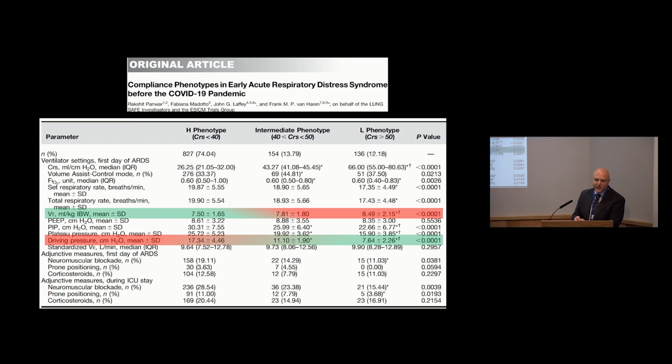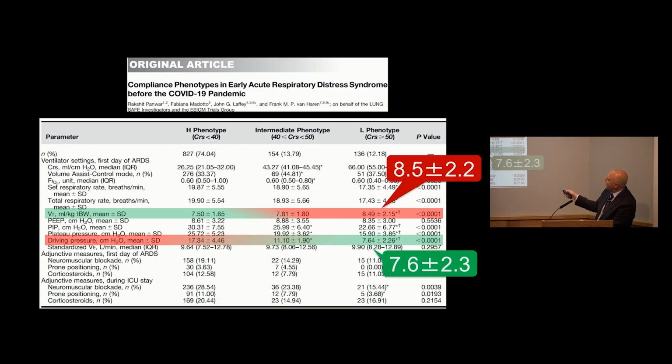So this was a reanalysis of the LUNG SAFE trial, which you know is an international observational study, where they divided patients into, forget about the letter, but essentially low compliance, intermediate compliance, and high compliance. Now, if you look at the way these patients were ventilated, this one with high compliance was ventilated with 8.5 mils per kilo of predicted body weight. You would say this is really high tidal volume.